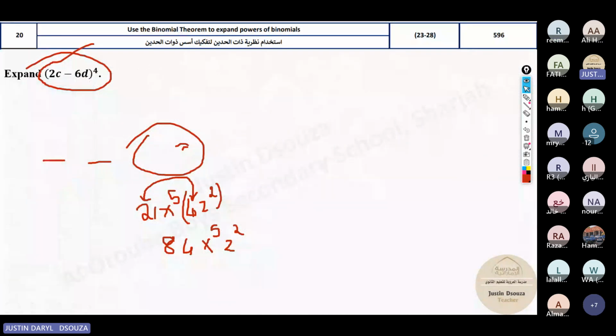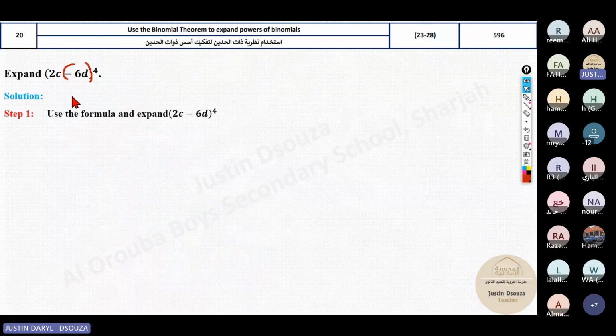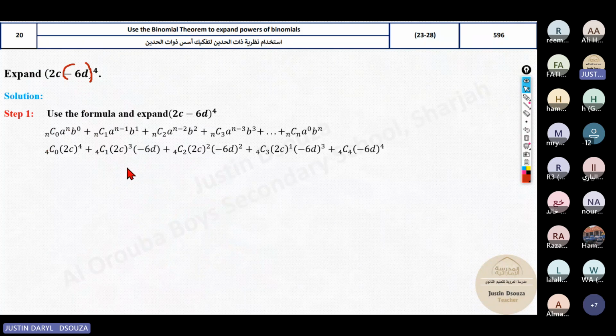Now, there is one more thing which you must remember over here. What if there's a minus sign like this in this problem? The second term will be having this negative sign. Please don't forget the negative sign, because even when I was studying long back, I used to make this mistake where I forget the negative sign in the binomial theorem. This is easy to happen.